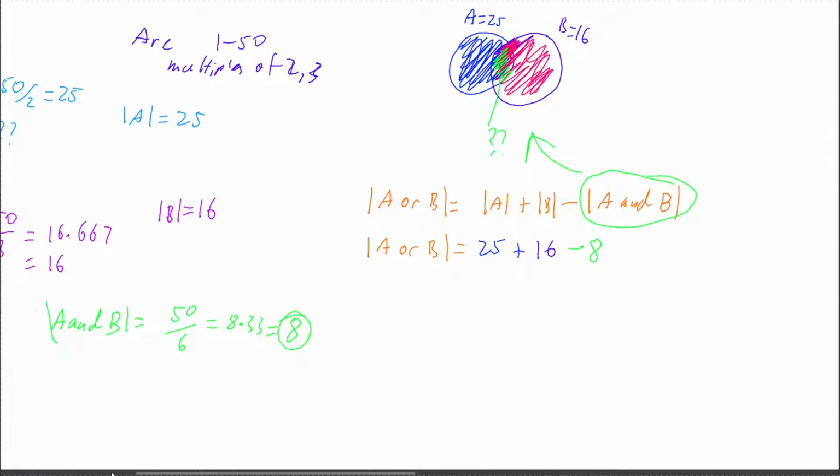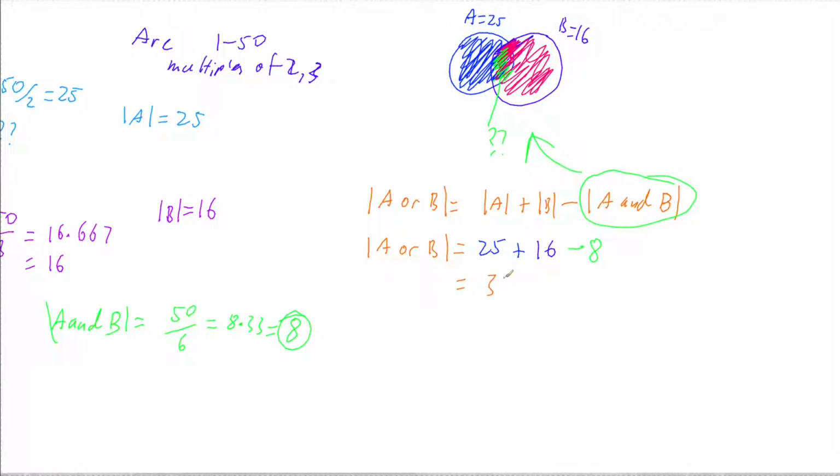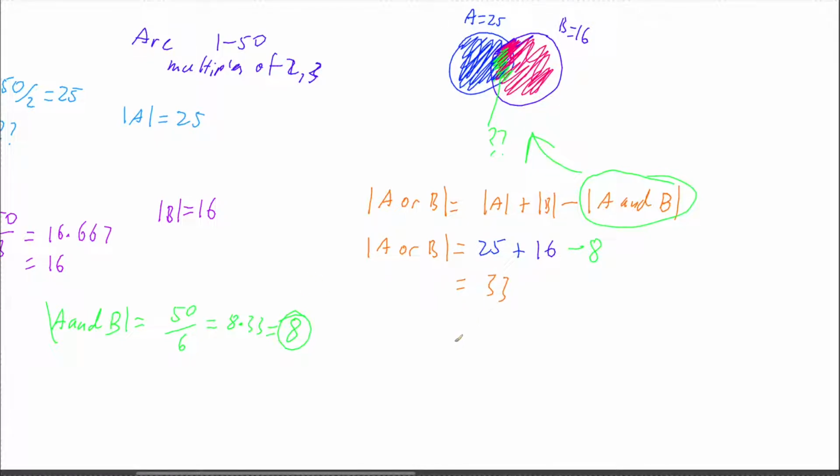And so now if I work that out, we're going to get 33 numbers that are multiples of 2 or 3, but not double counting the ones that are both.